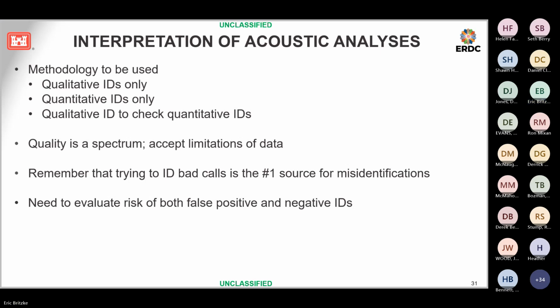And so when we're doing this and we're trying to decide how we want to interpret this, we have to remind ourselves that quality is a spectrum that we're dealing with. And so there's no good break-even point of this is good quality call, this is bad quality call. Instead, it's a continuum, and we need to remember too that the number one source of misidentification is basically trying to identify low quality calls.